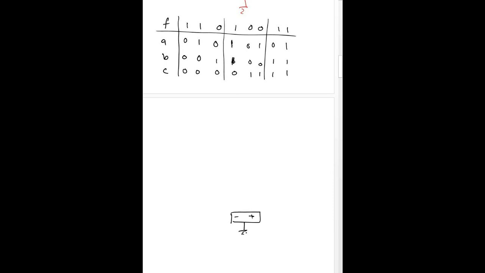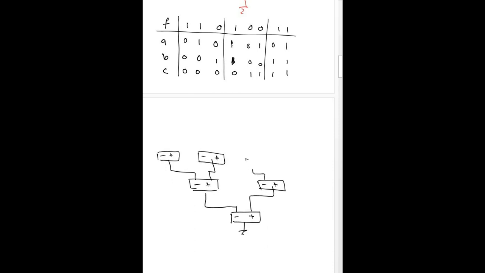This is connected to ground. This means this will be connected to negative and positive, and this will be connected to negative and positive. So these are our two levels. The next level will be connected to another negative and positive, and this will be connected to another negative and positive.